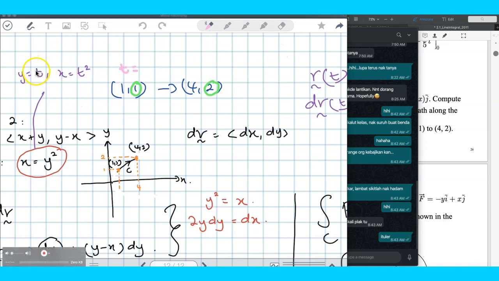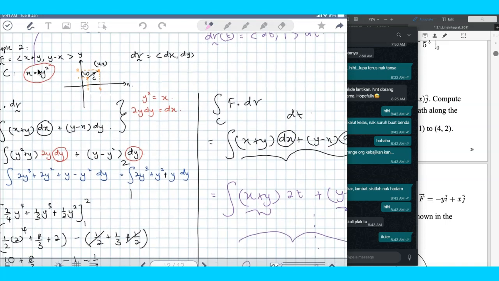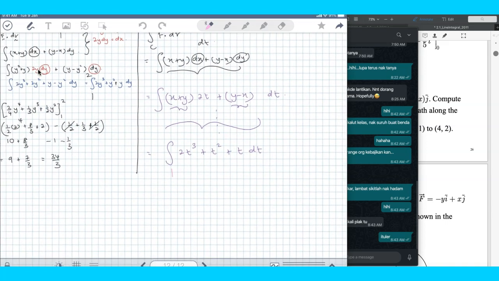So you have to set t equal to 1. And for what value of t is y 2, x 4? You have to set t equal to 2. So now we already obtained the limit of t is from 1 to 2. And you will get the similar answer. So please show it. Okay.